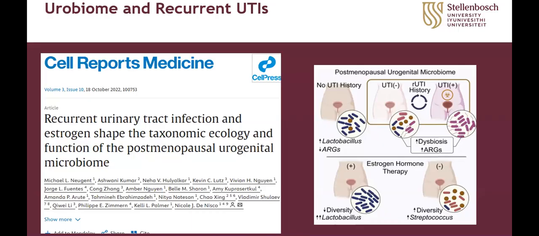And then another thing, they looked at functional gene signatures, and they detected distinct antimicrobial resistant gene profiles in the women who had a history of recurrent UTIs, showing enhanced or enriched antibiotic resistant gene content, regardless of their current infection status.